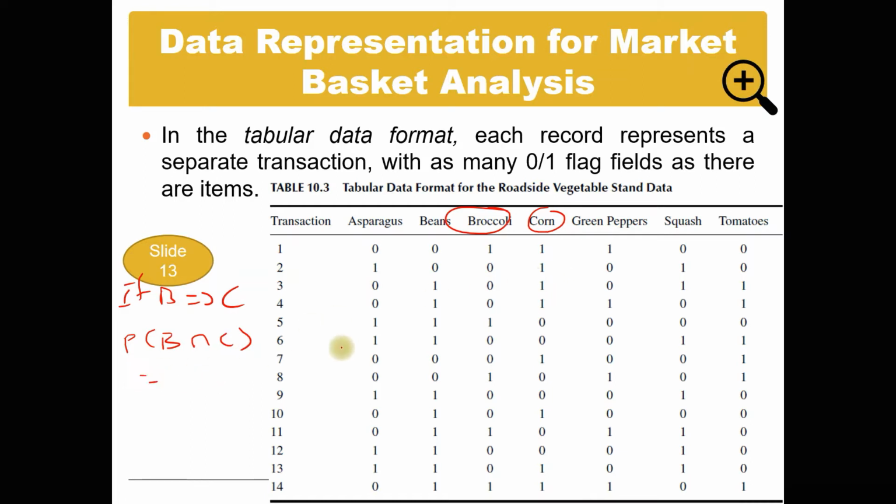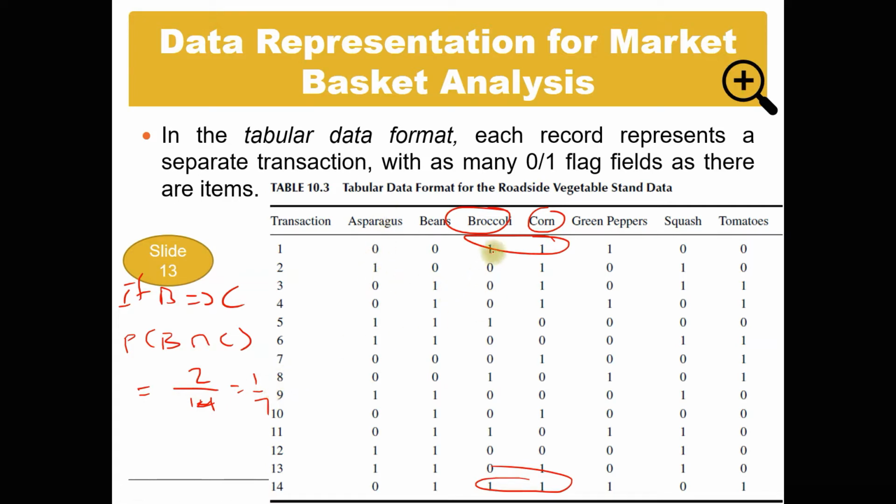How many times do B and C go together out of the whole number of transactions? The total number of transactions here is 14. And how many times do they go together? You have one time. If you keep on going, you will see that there are only two times that they go together. So it is 1 out of 7. You can convert that into a percentage, all right?